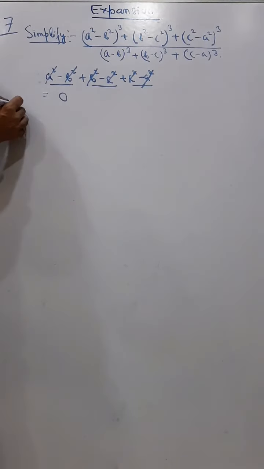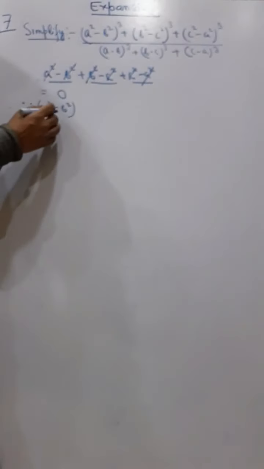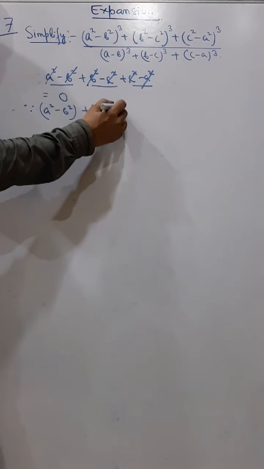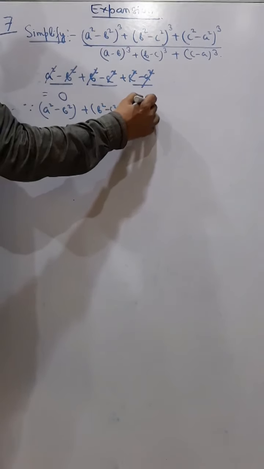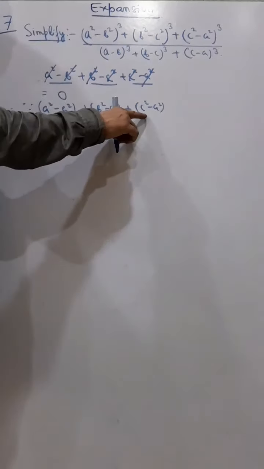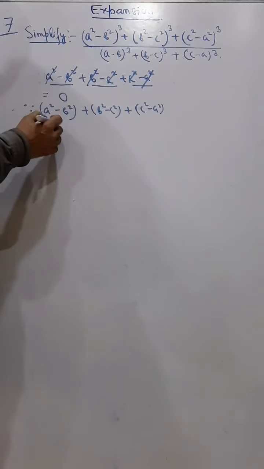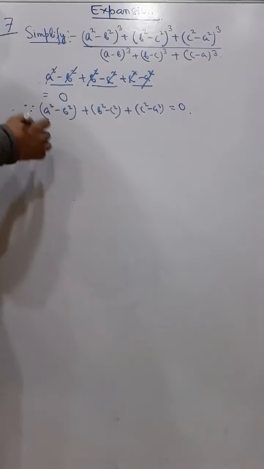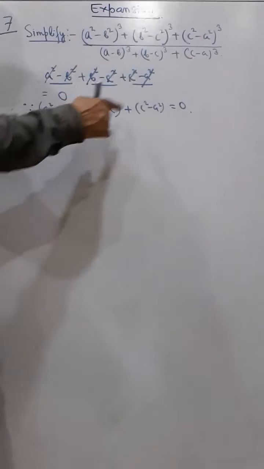Therefore I can say that since a square minus b square, I told you think this one as a, plus b square minus c square, this one as b, and plus c square minus a square, think this one as c. So we got a plus b plus c. What we got? 0. So we know since this is equal to 0, therefore a cube plus b cube plus c cube will be equal to 3abc.